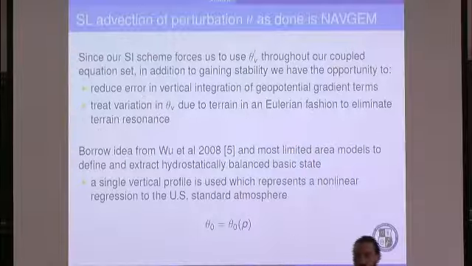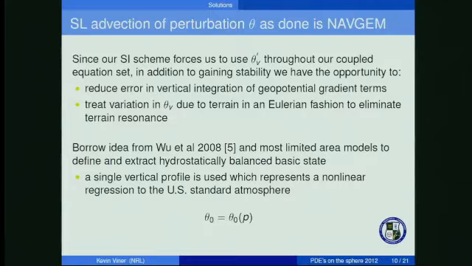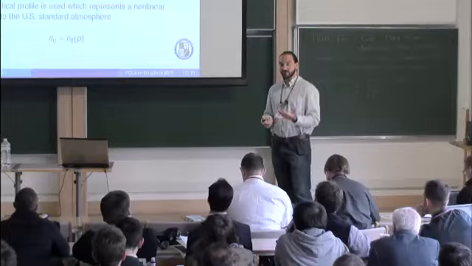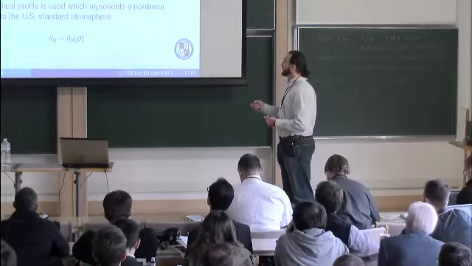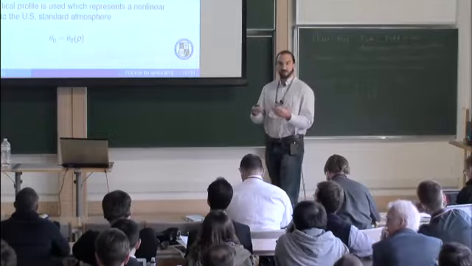However, I don't have all those bells and whistles. I had to find a different way to do it. Since our semi-implicit scheme forces us to use this theta v prime throughout our coupled equation system, we have an opportunity to not only gain stability in our semi-implicit scheme, but to reduce error in the vertical integration of the geopotential gradient terms, and also to reduce this terrain resonance by including the terrain varying portion of theta v in the Eulerian advection.